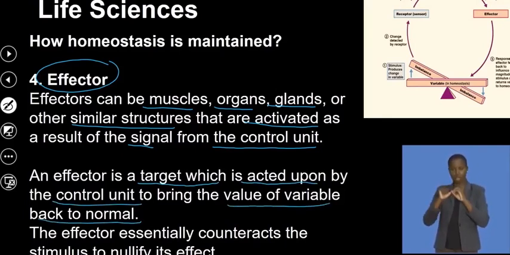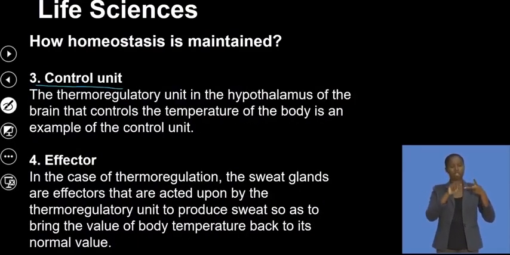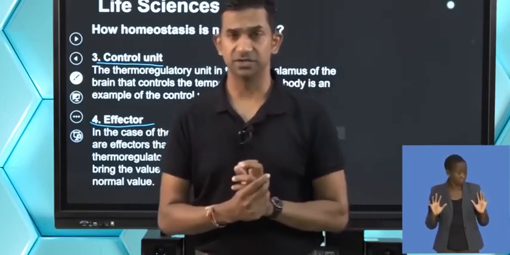The effector essentially counteracts the stimulus to nullify it or bring the effect back to normal. So we've looked at the stimulus, the receptor, the control unit, and the effector. Let's put that all together into a summary.